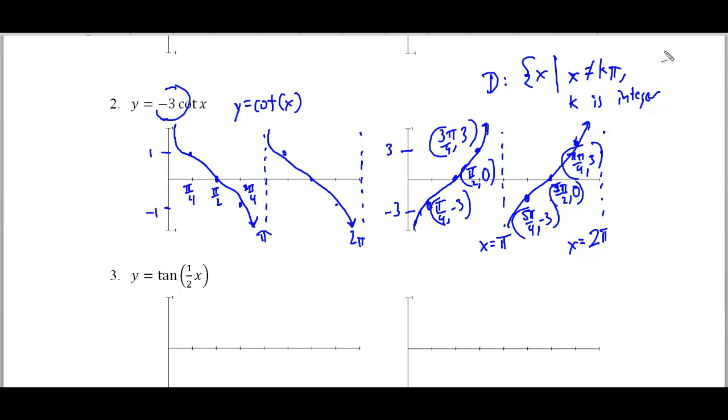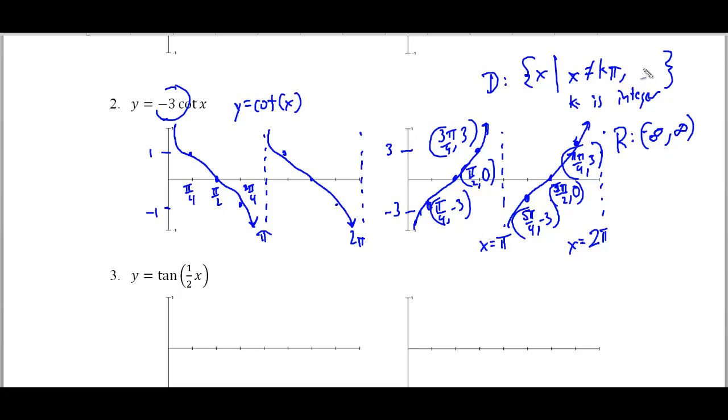So as long as k is a positive or negative whole number or 0, k is not going to work in this case. So that's the domain, and the range is all real numbers, and I'll use some interval notation for this, negative infinity to positive infinity. So there's some set notation for the domain and some interval notation for the range.